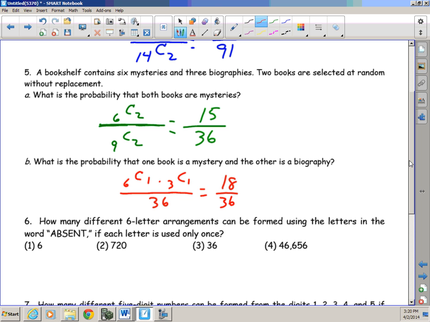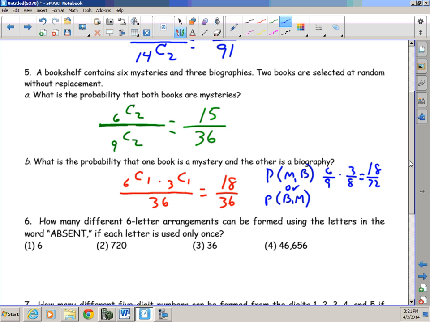Now, one thing just to demonstrate to you, we did a little bit of this earlier in this unit when we did choosing socks or choosing marbles. If you looked at it this way, I could have chosen a mystery and a biography, or a biography and a mystery, because the order doesn't matter. If I did that, a mystery is 6/9, and a biography is 3/8, or 18 out of 72.